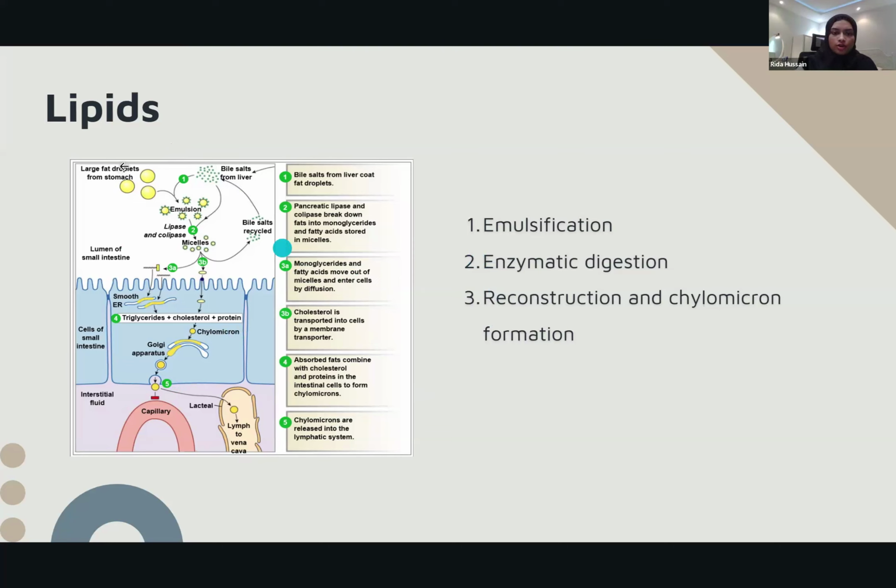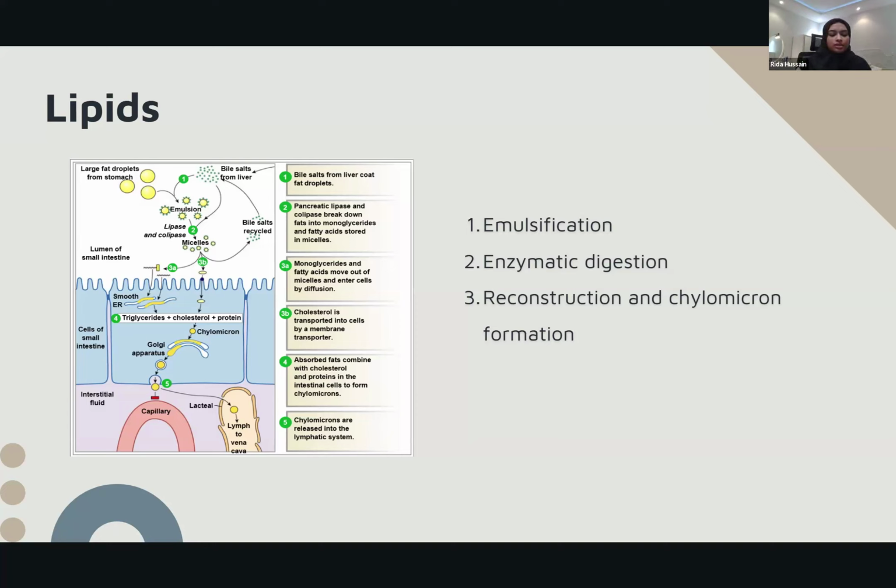First off, you start off with a huge lipid droplet. Then bile salts are added to the picture. Bile salts are amphipathic molecules that are both hydrophilic and hydrophobic. They are hydrophobic at one end, hydrophilic at the other. It's sort of like your cell membranes, basically.